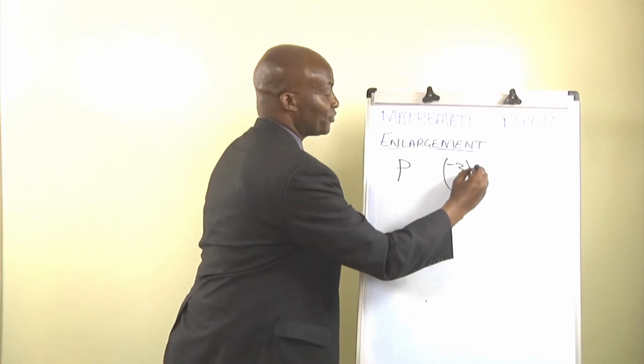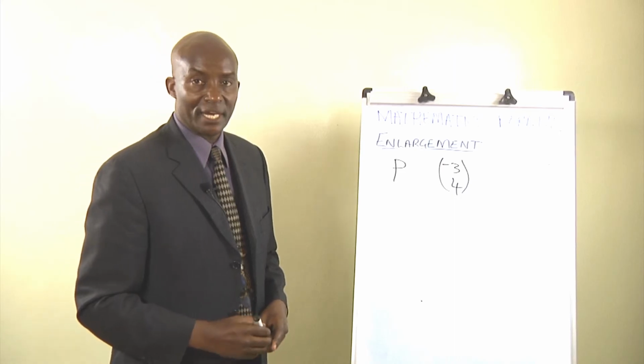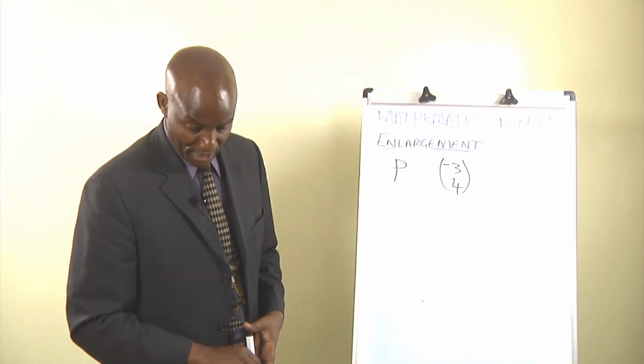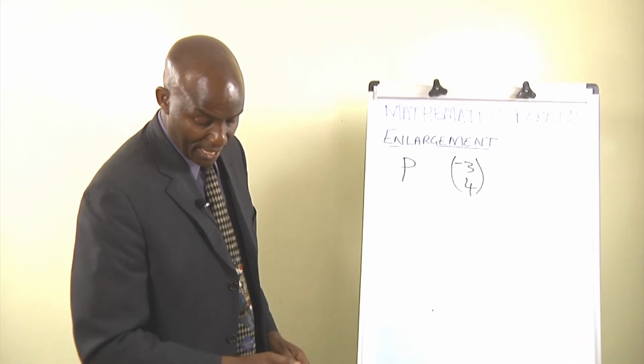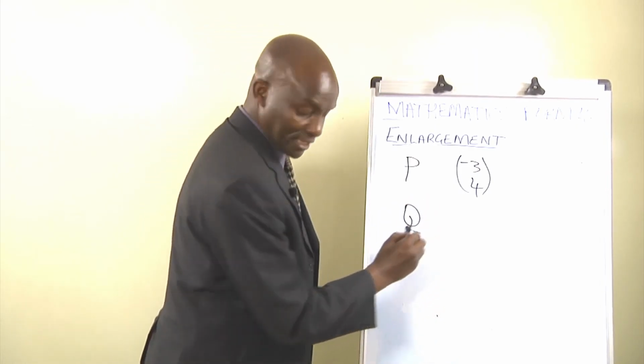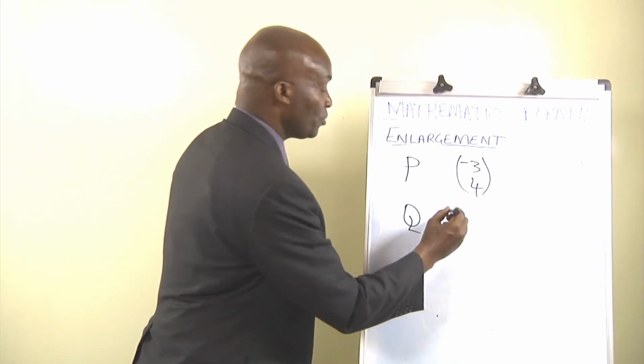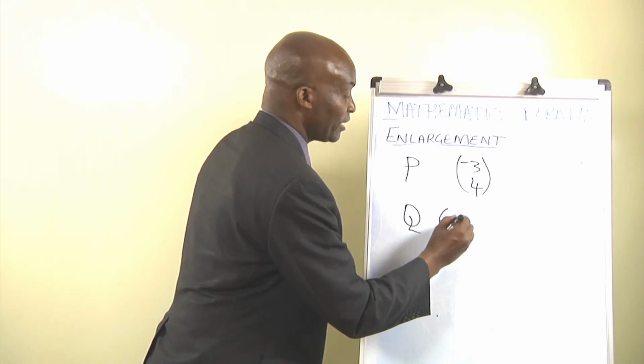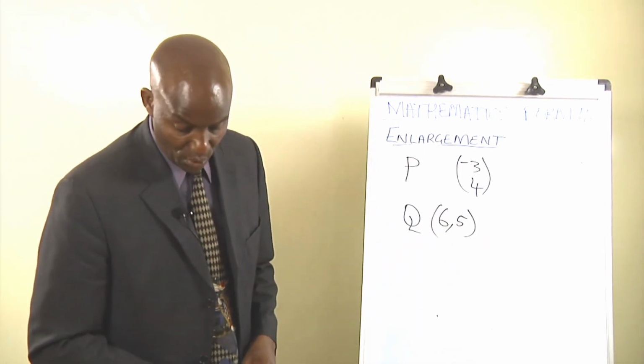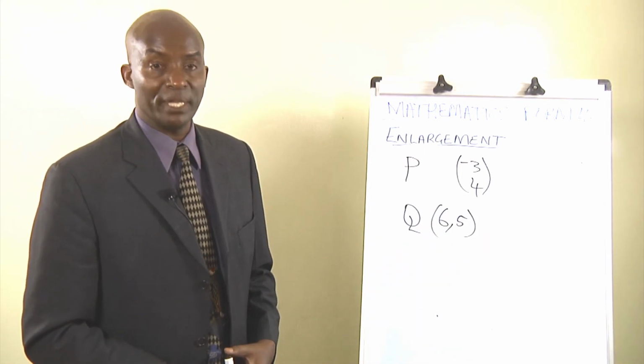Remember we said the translation vector is written in column vector form. It is translated to a point Q whose coordinates are 6, 5. So you are told, find the coordinates of P.